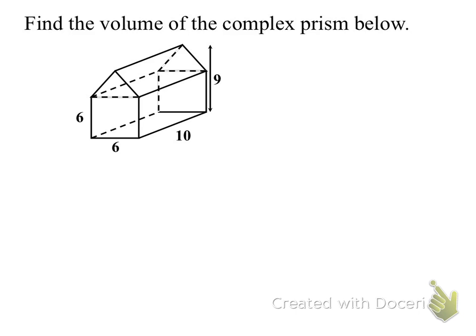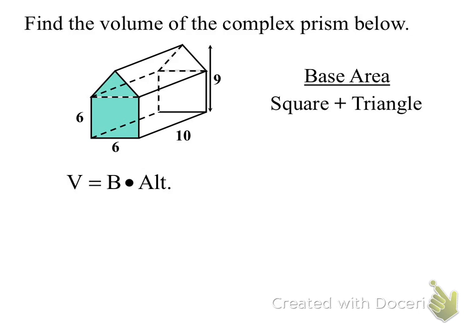But I would just say, find the volume of this part and find the volume of this part and add them together. I think that is easier for me. So they're saying the base area is made up of a rectangle. You can do it this way too. So it's side squared because it's a square.